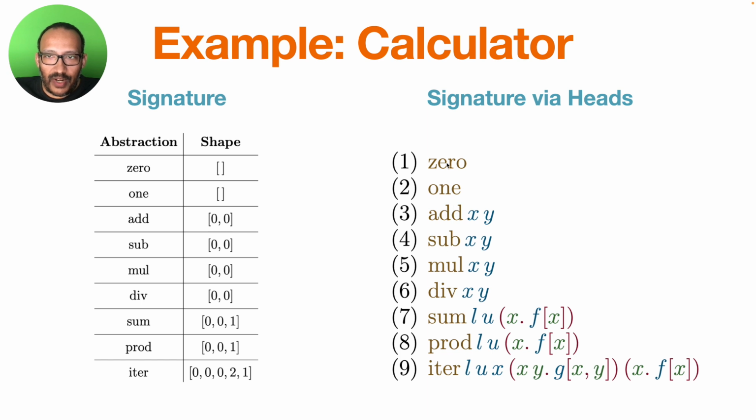We can just write down terms, I call them heads, that have a certain form, and from these forms we can immediately read off what the shape of the abstraction in question is. So, for example, you can see multiplication has shape 0, 0 because it takes just two values as arguments. We can see that sum must have shape 0, 0, 1, and we can see that iter must have shape 0, 0, 0, 2, and 1.